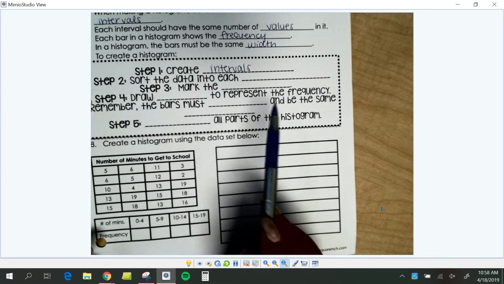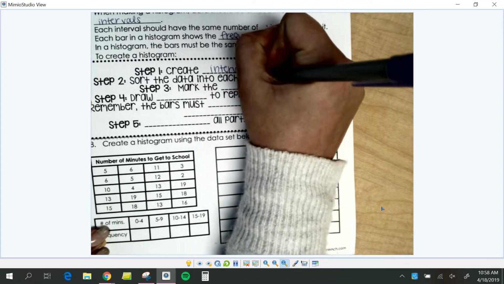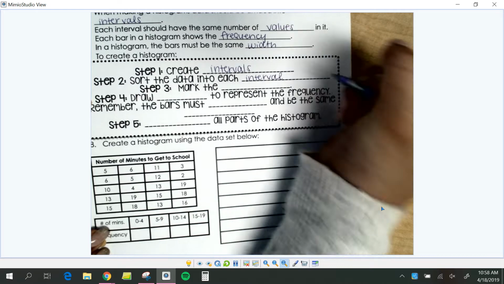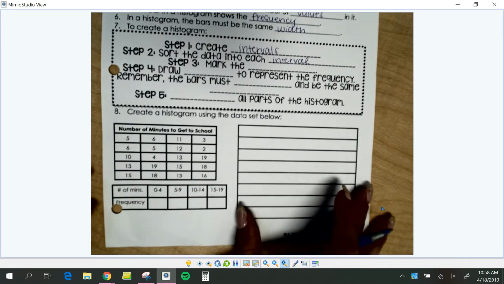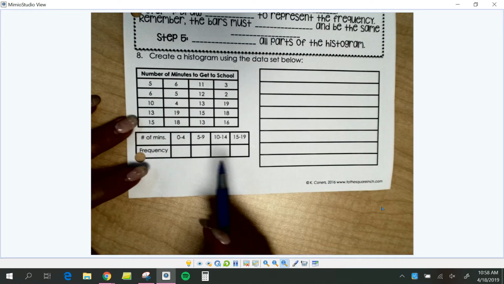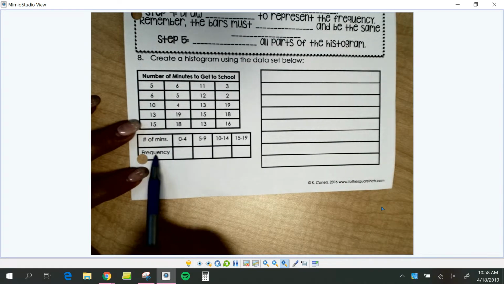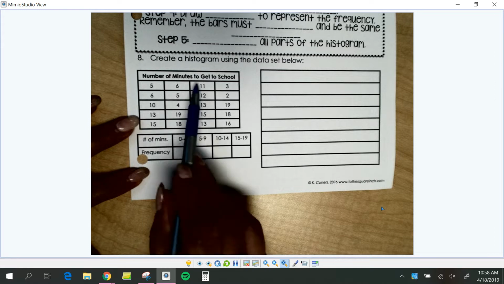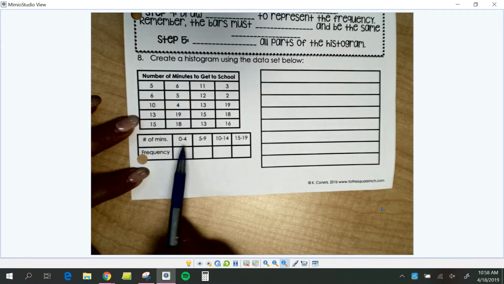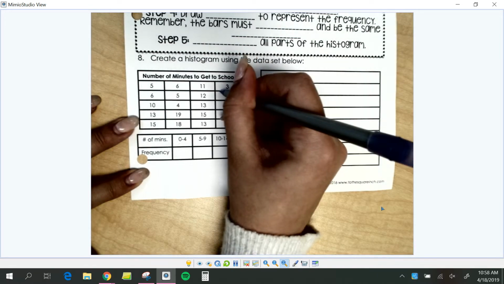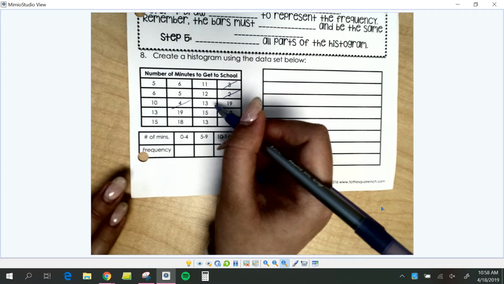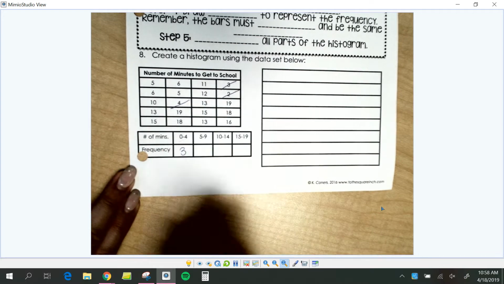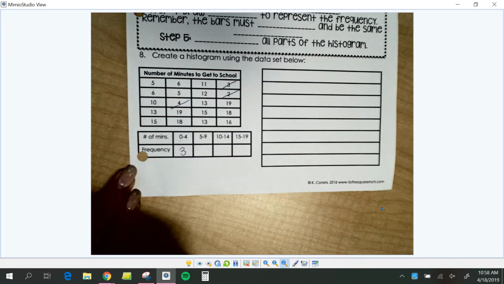Step 2, sort the data into each interval. So let's look at the example down there. Remember, if I'm going too fast, you can pause, okay? So I have to count, that's what the frequency is, how many numbers from up here are 0 through 4, okay? So I have 1, 2, 3, and just 3, okay? So my frequency is 3.